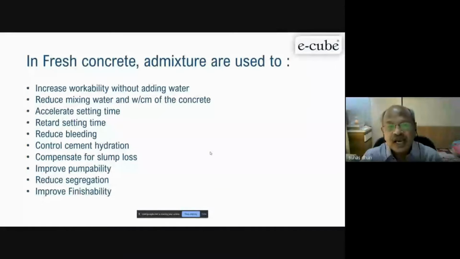Now once you add water in the concrete and deviate from the designed water cement ratio, your strength will go down and your permeability will go up.